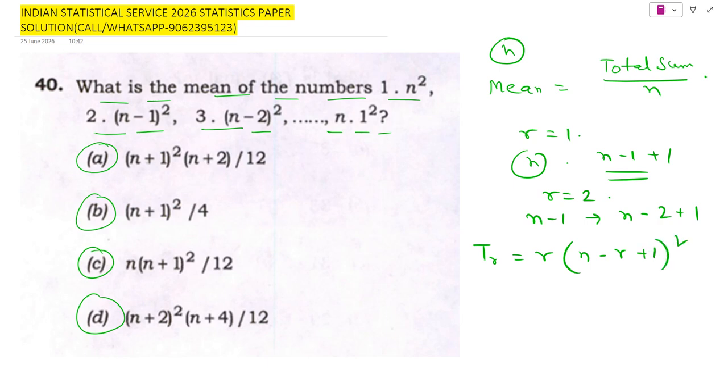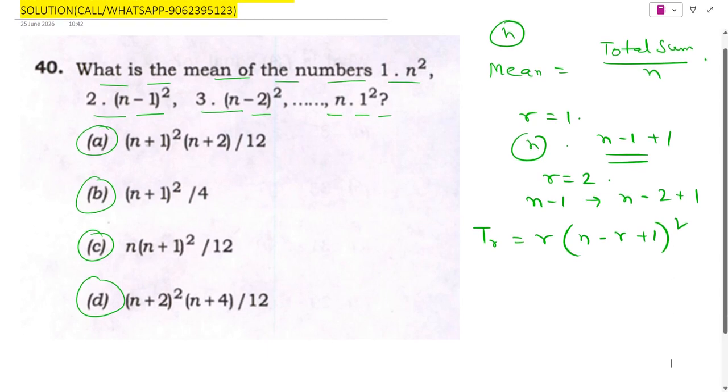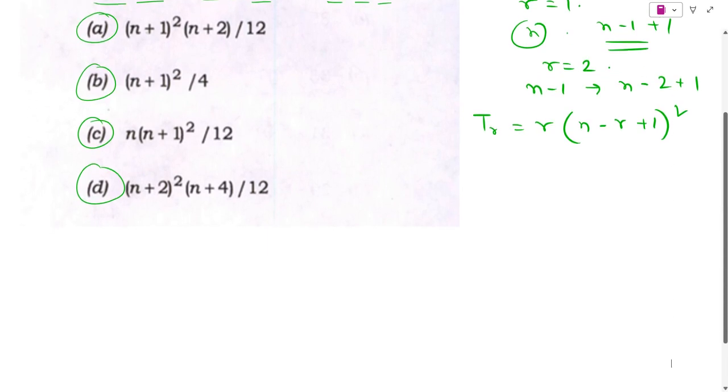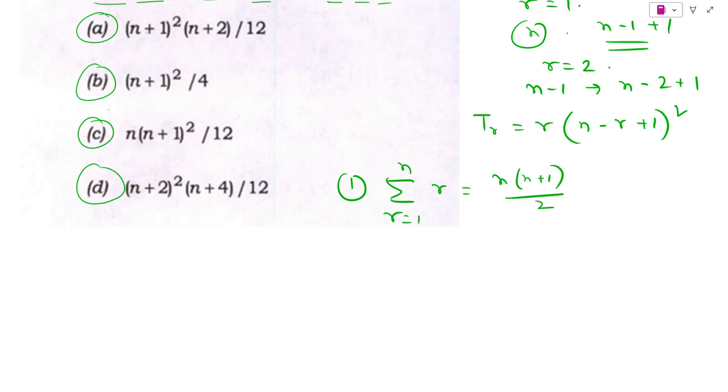Now, before we expand this algebraically, let's step over our first special section, that is the standard summation identities. Now, to evaluate any polynomial series, we rely on three fundamental building blocks. First, summation r equal to 1 to n r is equal to n into n plus 1 by 2.